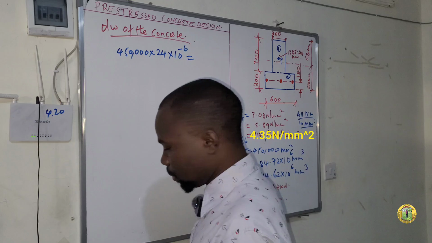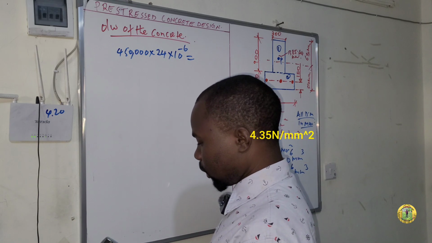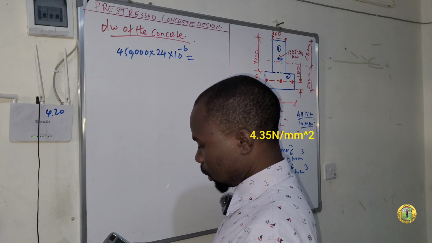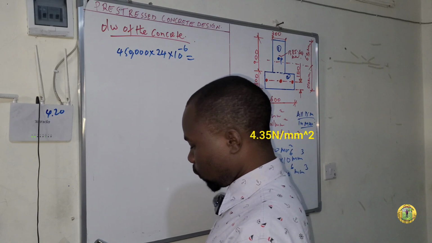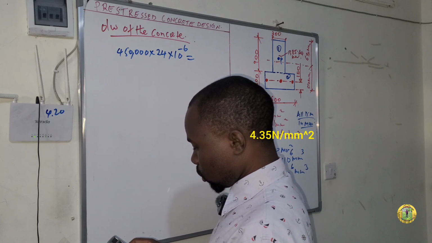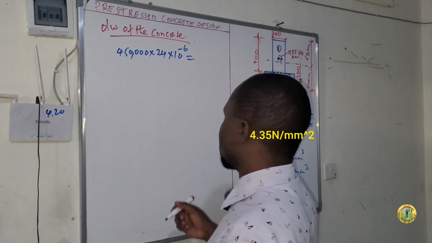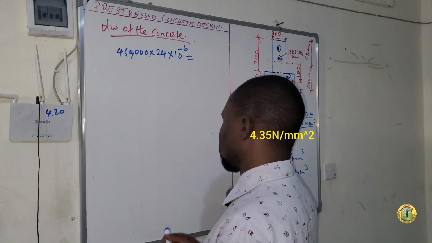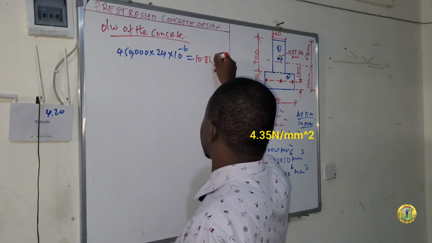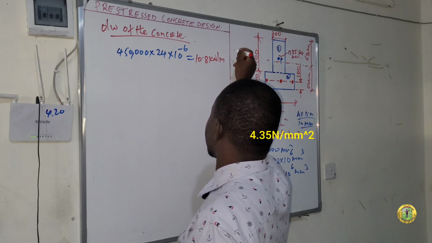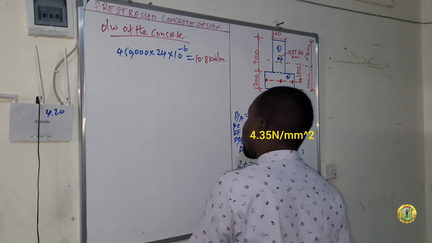So this one will be 450,000 times 24 times 10 to the power of negative 6. So this is 10.8 kilonewton per meter.